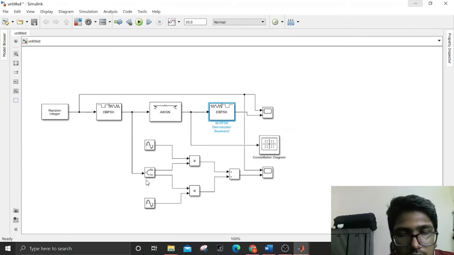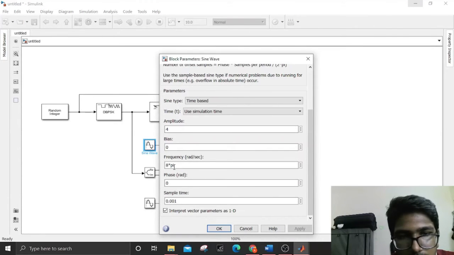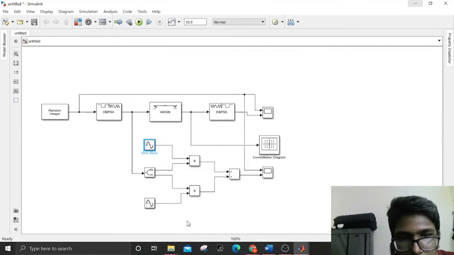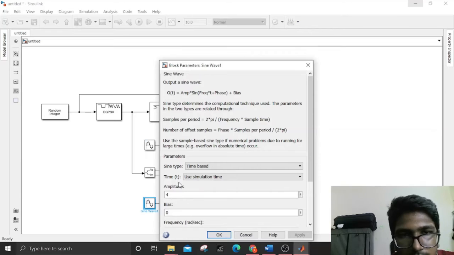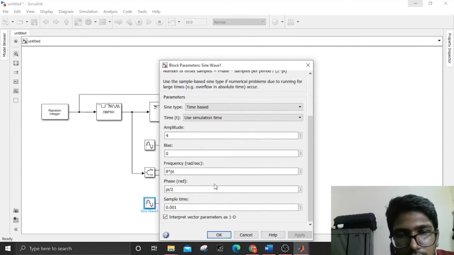For the complex to real imaginary converter, we need sine waveform and cos waveform. So therefore we will be using sine wave generator for these two. For sine wave, we just set the amplitude as 4, frequency 8 times pi, and the sample time is 0.001. Whereas for cos wave generator, we set amplitude, frequency as 8 pi, and phase is pi over 2 to obtain cos waveform.